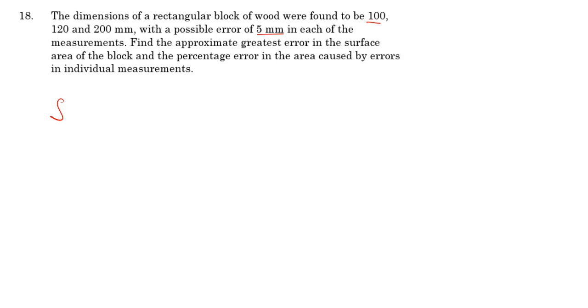The surface area for such a block, S of x, y, z, is going to be equal to 2 times (xy plus yz plus xz). So this is how the surface area of a rectangular block with such dimensions is given.